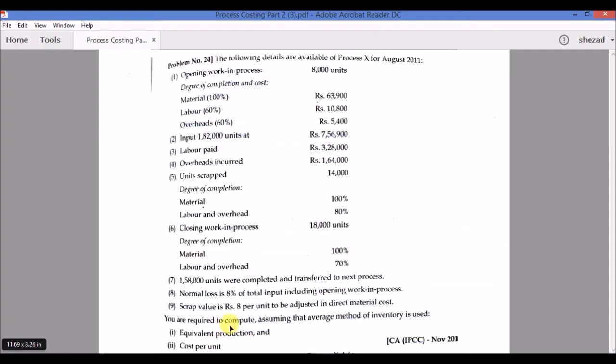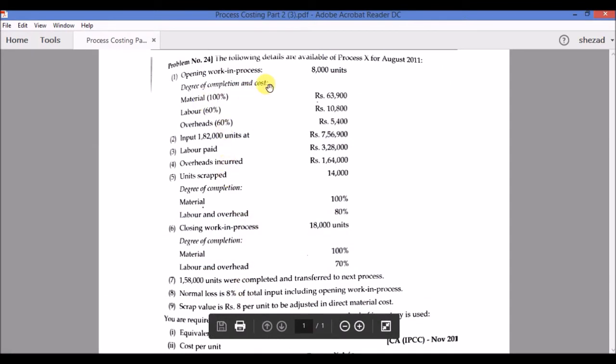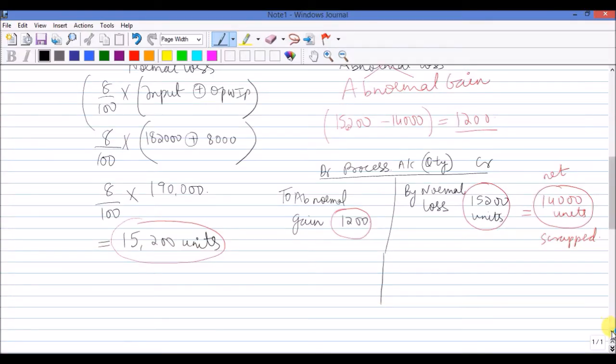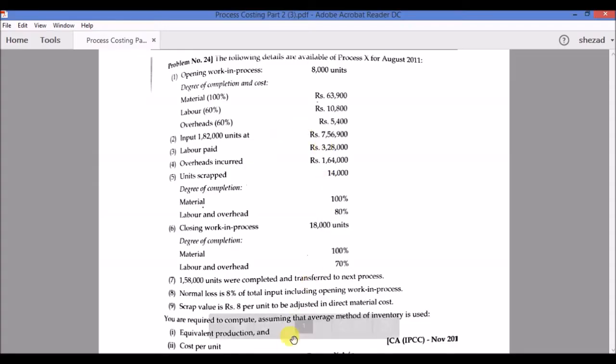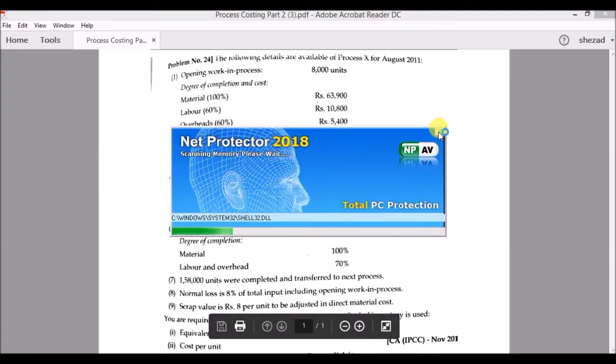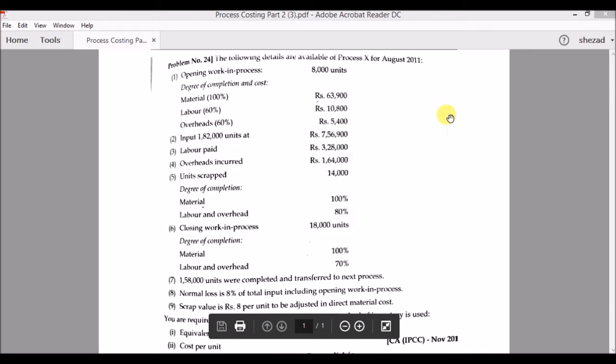So I'm moving further. Now everything is over, I think, so I don't need to find anything else. Now I'm going to prepare a process account. What is the name of the process?